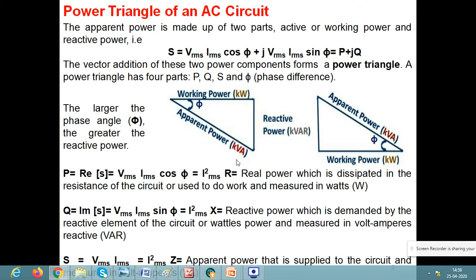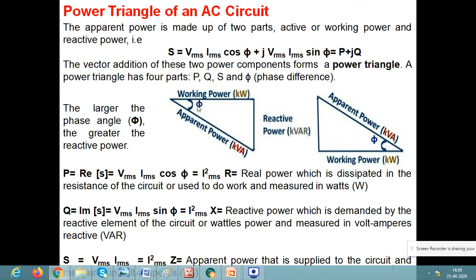So this is the power triangle. It is also a right triangle. Sometimes we consider this one positive and this one negative. I will discuss that when we talk about leading and lagging power factor. Both figures we can call power triangles.